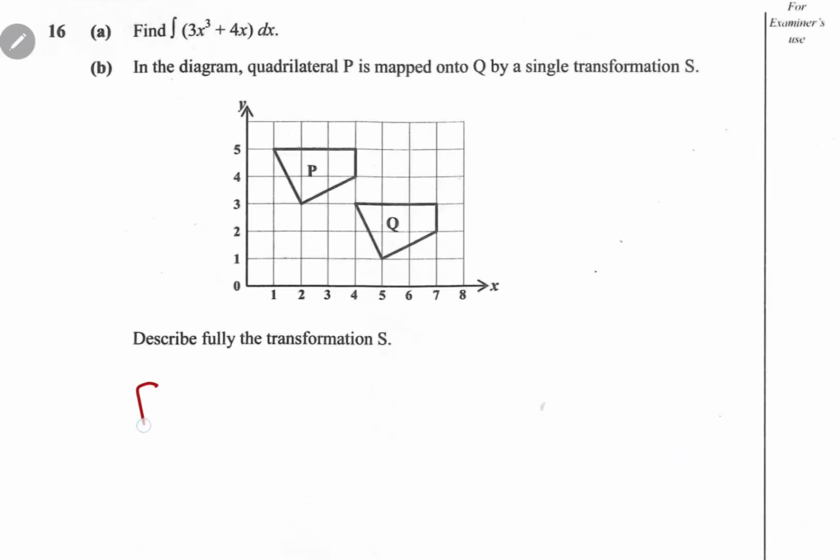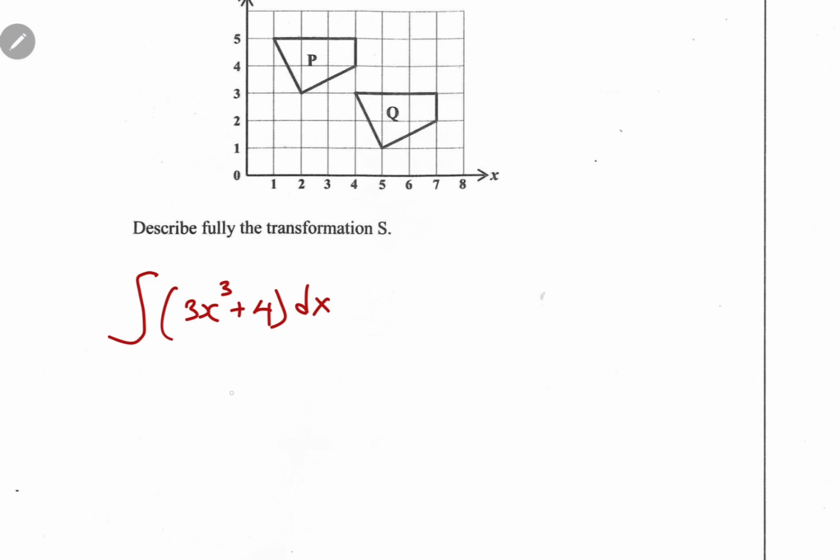Find the integral of 3x to the power 3 plus 4 dx. So what do you do? To integrate this one, the rule is that you need to add the power. Then you divide by the new power. So add the power, divide by the new power. So you're going to have 3x to the power 3 plus 1 divide 3 plus 1.